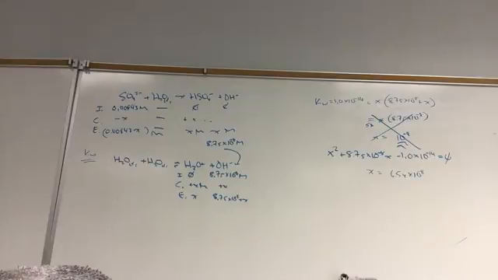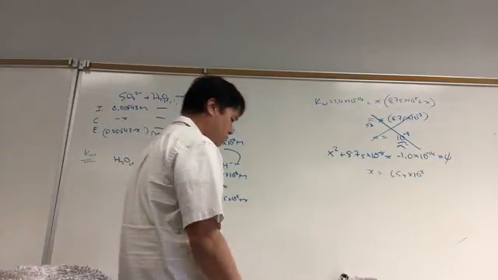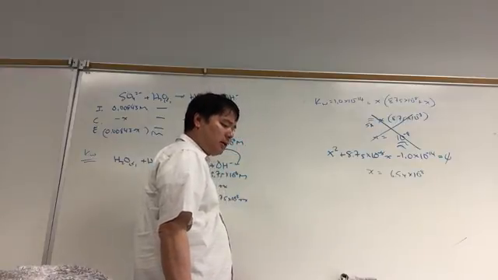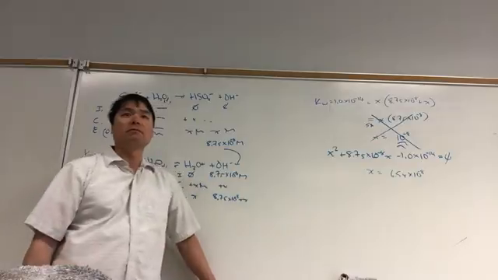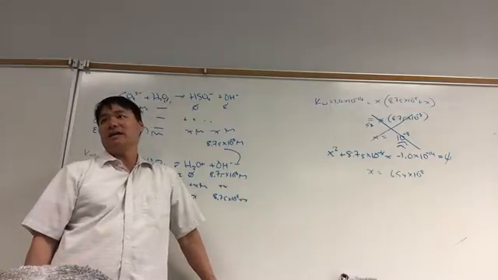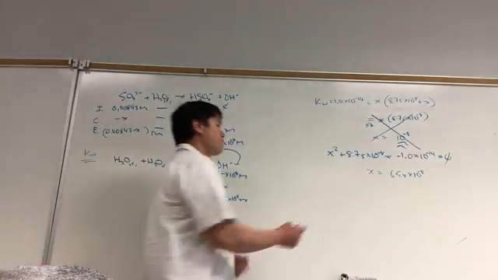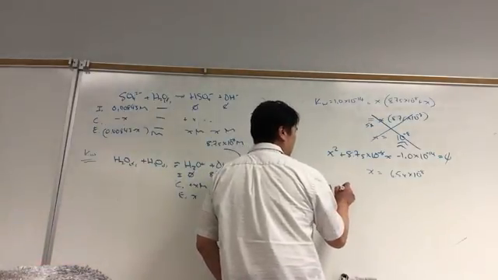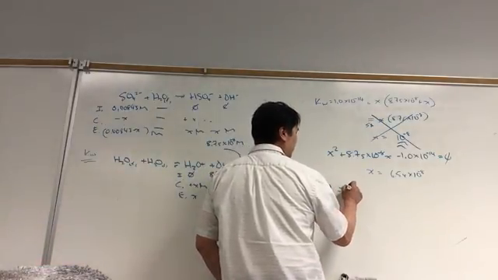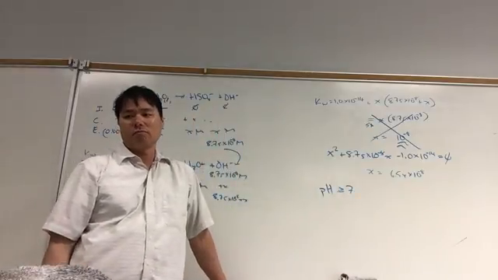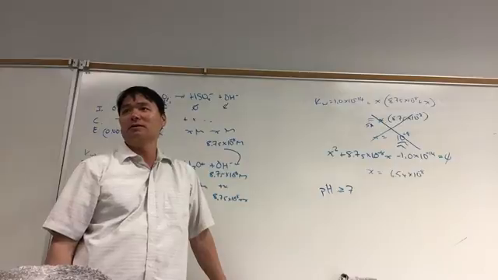Because NaOH is a little bit stronger in molarity, this has got to be a little higher than 7, because this is a base. And so the pH is about equal to slightly greater than 7. It can't be below 7 because it's a base solution.